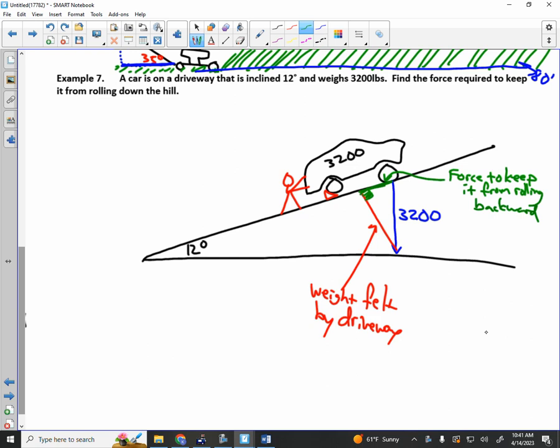So you have 3,200, and it's made of two components. One, the force required to keep it from moving backward, and the other one, the force exerted against the driveway. Everybody see that? So we've got this number here, and this horizontal component is what we want to find, that force to keep it from rolling backward.